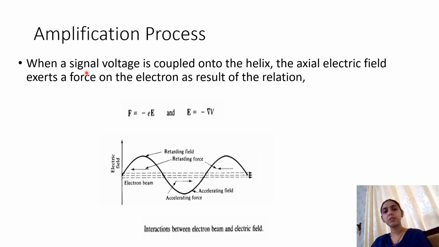So when asked to explain the amplification process, explain with this particular figure which is showing the interaction between the electron beam and electric field and state that the electrons will be more in the retarding field and they will be transferring the energy to the field and thus the amplification of the signal will take place.